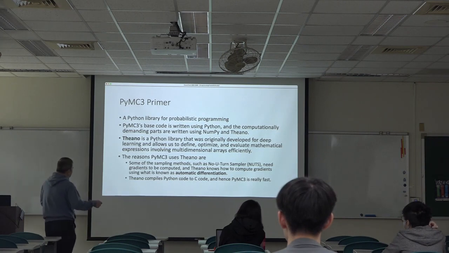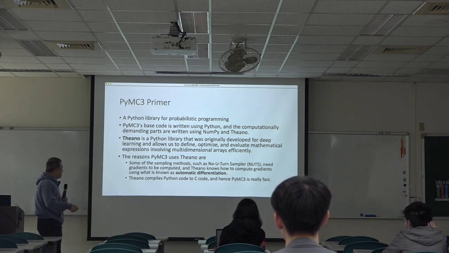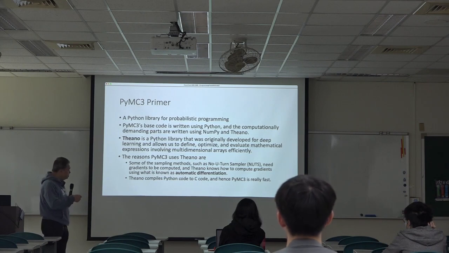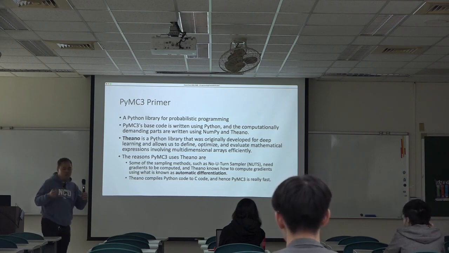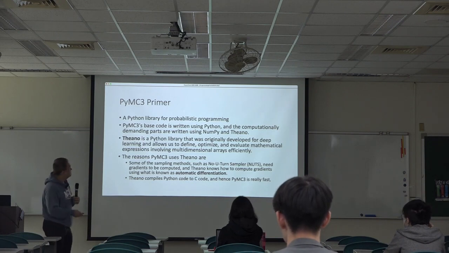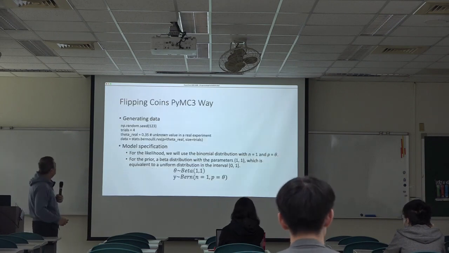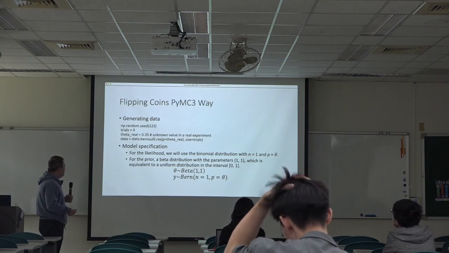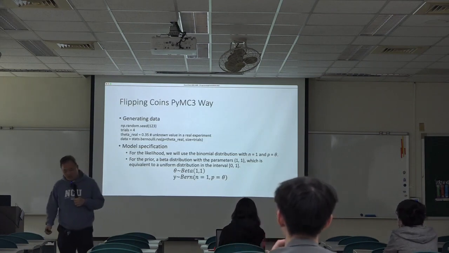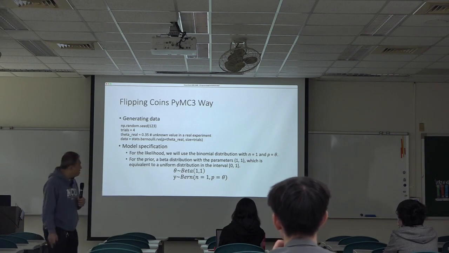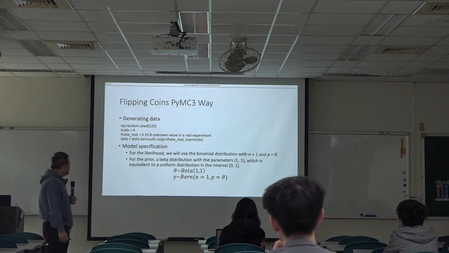Theano also compiles Python code to C code, which makes PyMC3 efficient, so it can run very fast. As a first example, let's see how we can write a PyMC3 program for coin flipping.